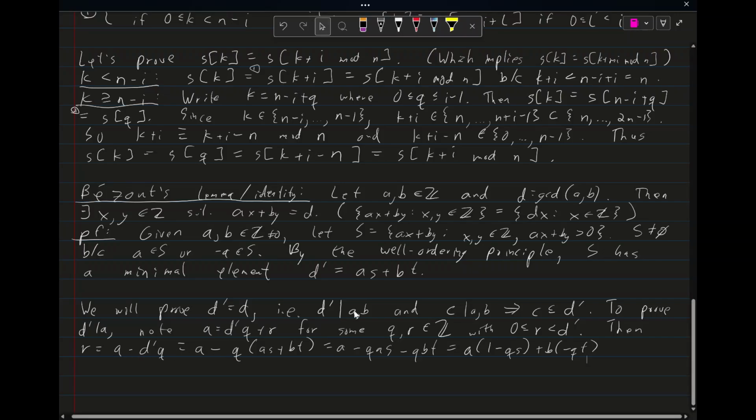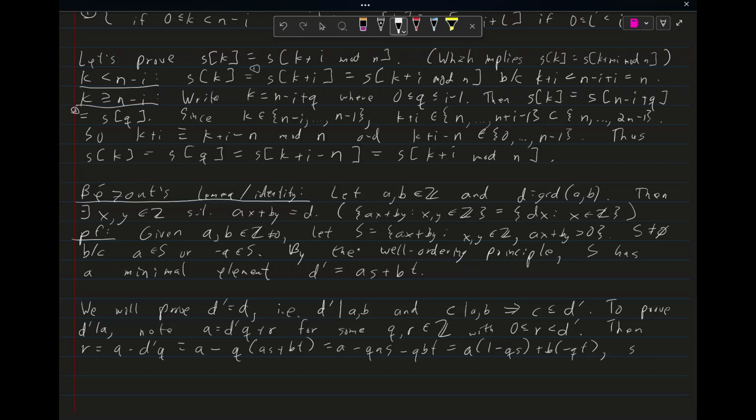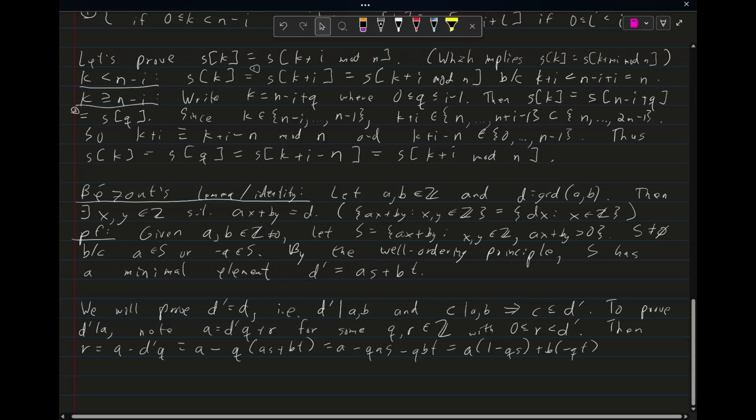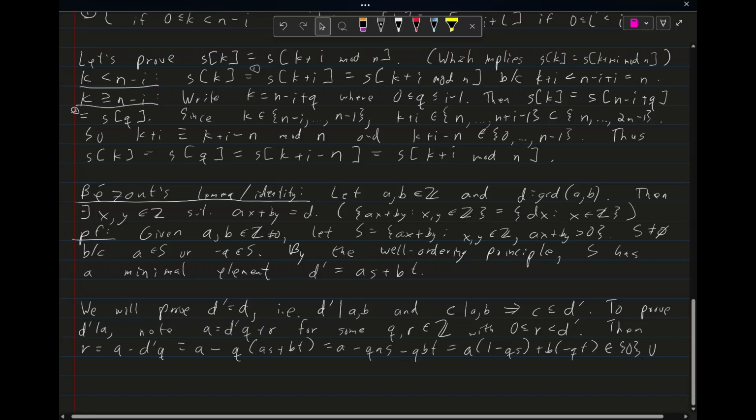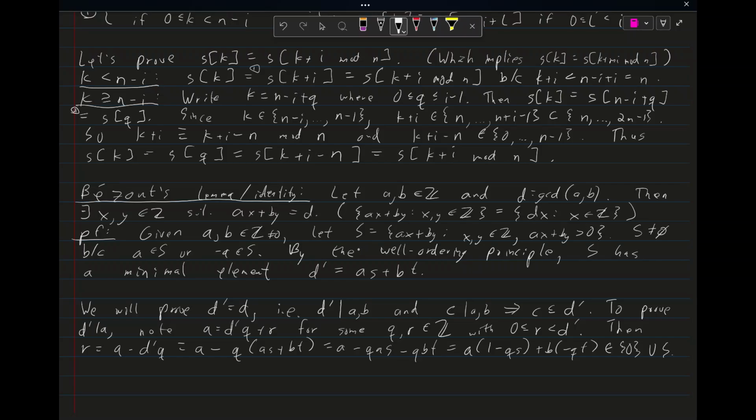And if it's strictly greater than 0, then it belongs to S. So this is an element of 0 union S, because either it's equal to 0, or if it's not 0, then it is a strictly positive integer combination of A and B, and the set of such numbers is what S is defined as.